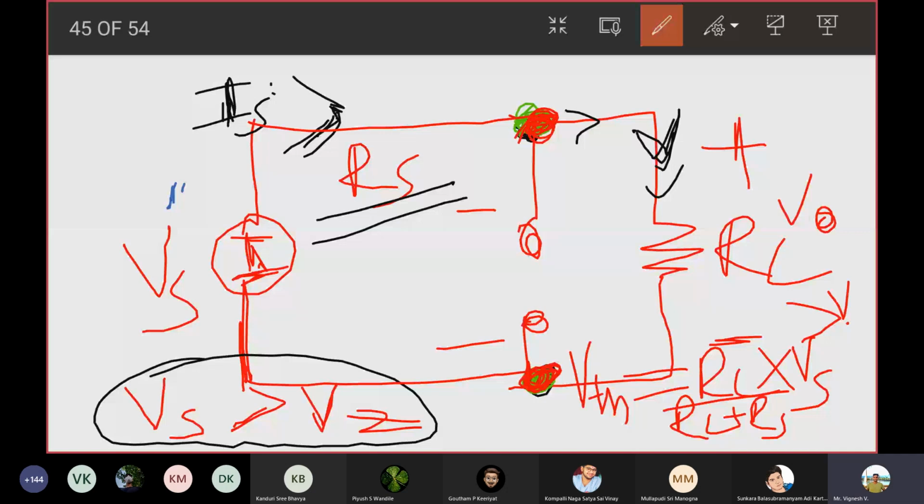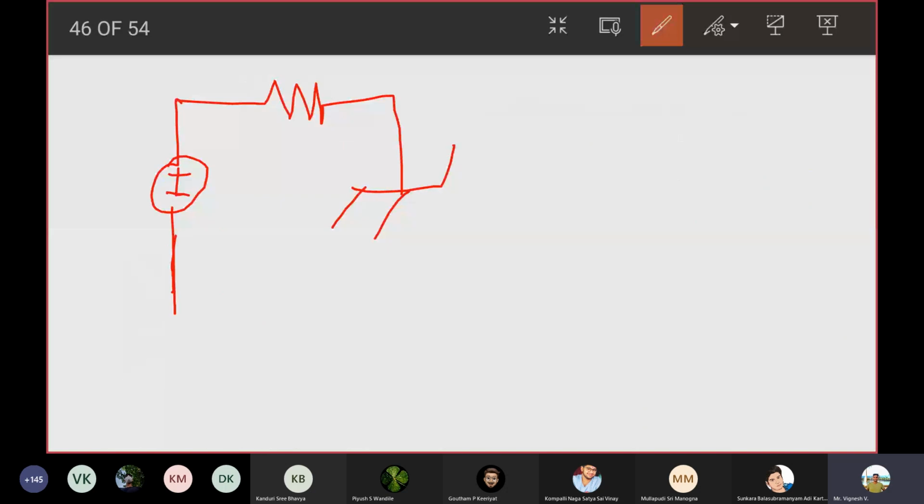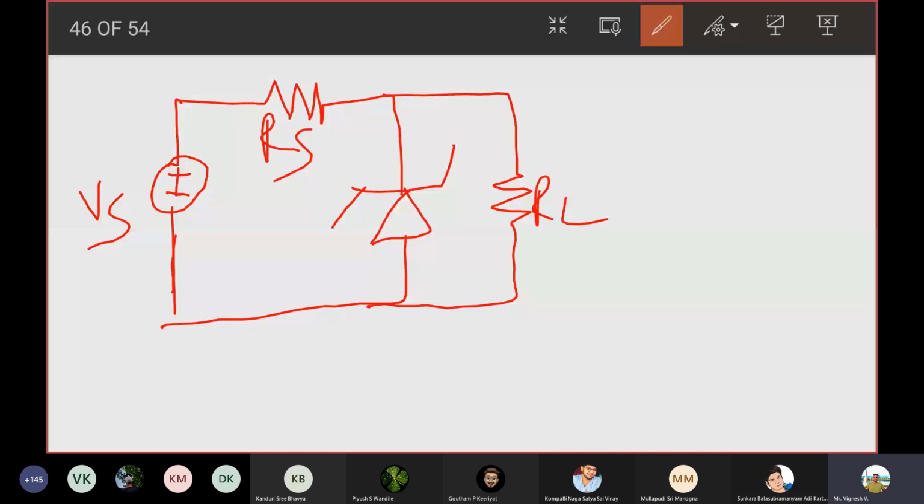I'll redraw because that looked very cluttered. Whenever you have a load resistor connected, what you check is the VTH.